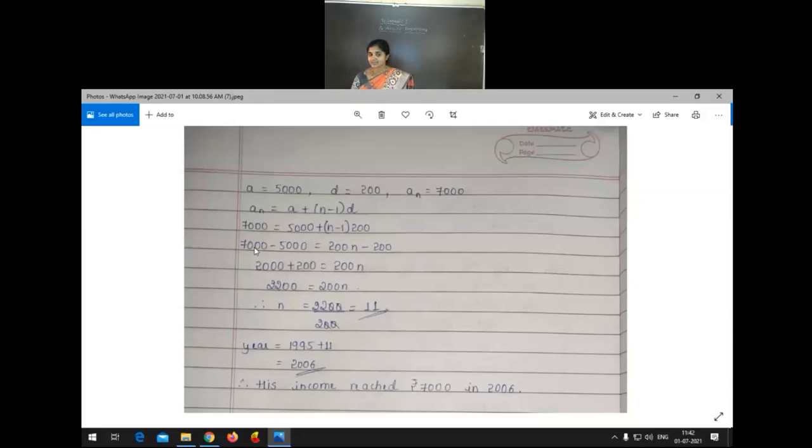Now take the like terms to one side. 7000 minus 5000 is equal to 200 N minus 200. Then 7000 minus 5000 is 2000. Then minus 200 when transferred to this side becomes plus 200, which is equal to 200 N. Now 2000 plus 200 is 2200, that is equal to 200 N. Therefore N is equal to 11.